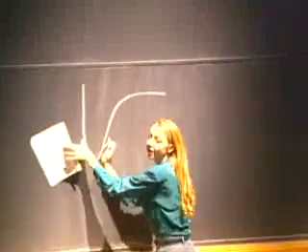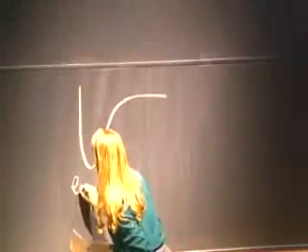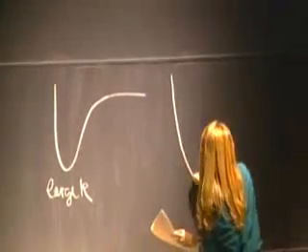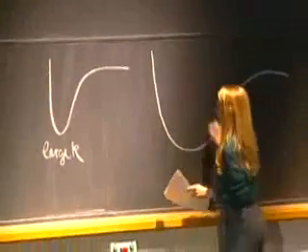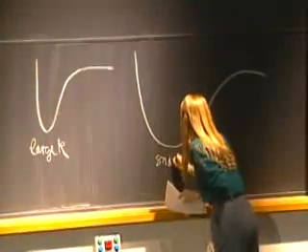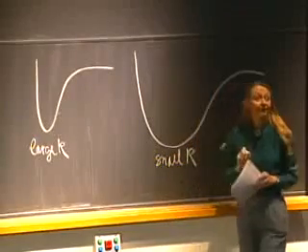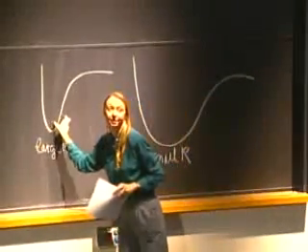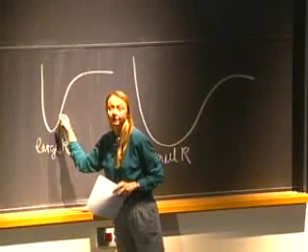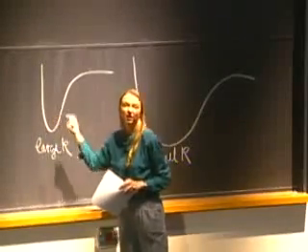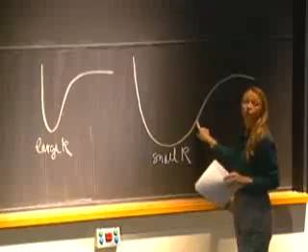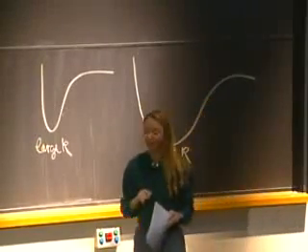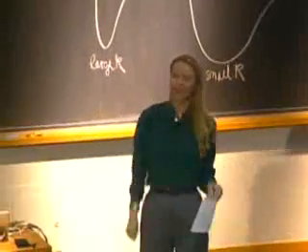If you have a very narrow width, this is a large K. If you have a very broad width here, this is a small K. So K, the force constant, tells us about the shape of this well. Very narrow well, large K. Very broad well, small K.